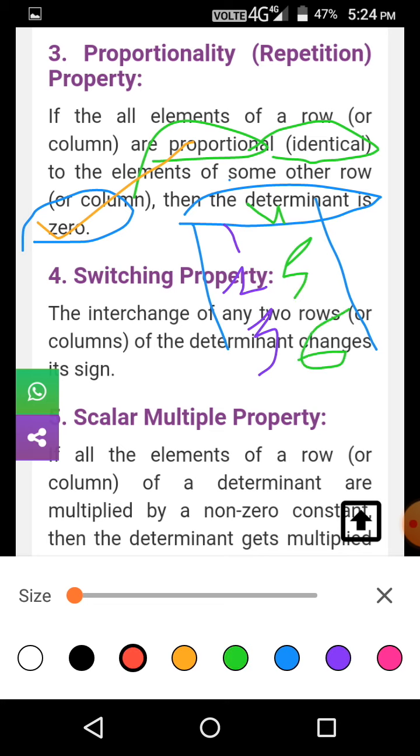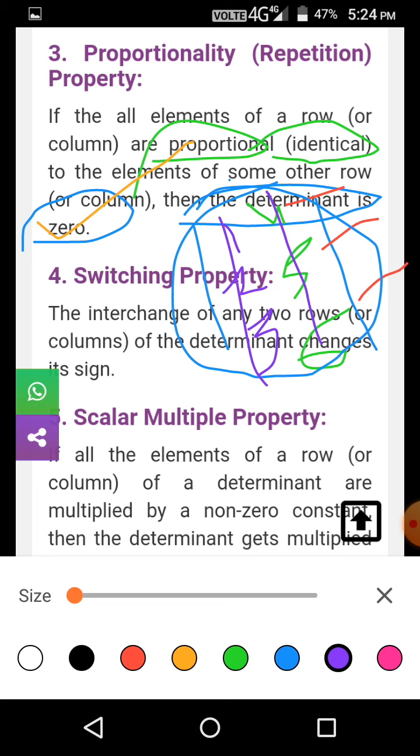I am assuming there are some more entries here, but I am just looking at these two. If you interchange any two columns, this column and this column, then the value will become negative, multiplied by -1. It will change its sign.